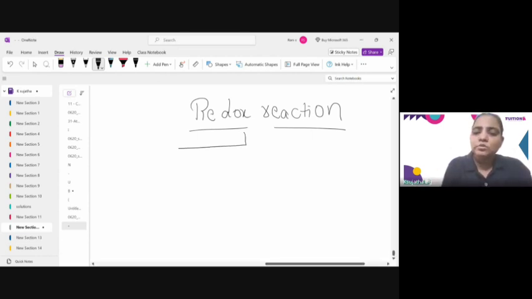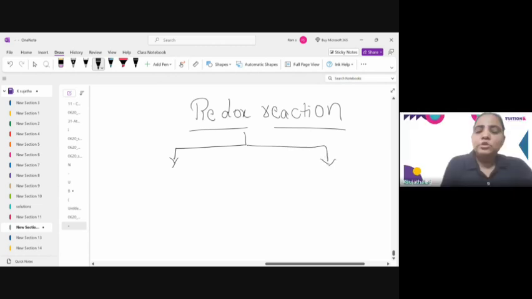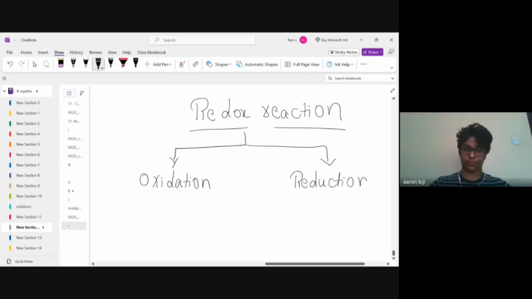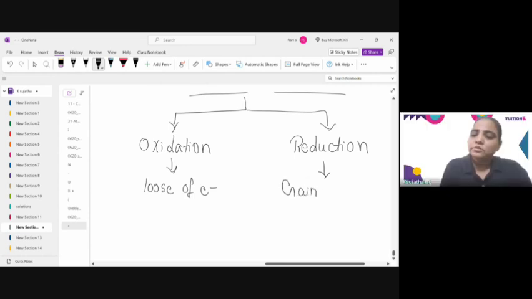One loses the electron and the other gains the electron. The loss of electron we call oxidation. The process which gains electron is called reduction. So oxidation means loss of electrons, and reduction means gain of electrons.